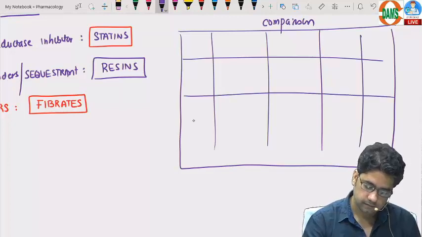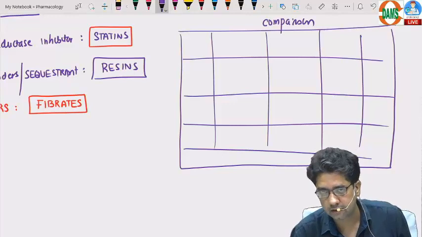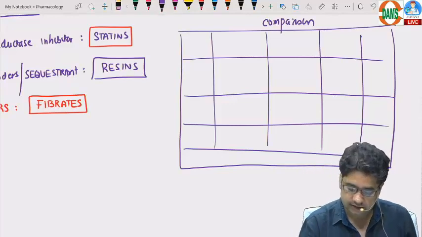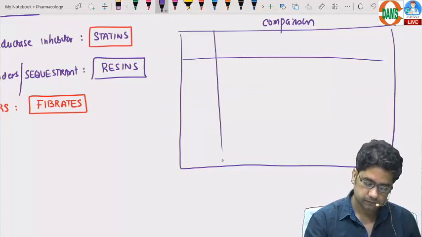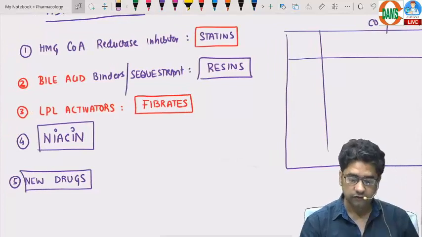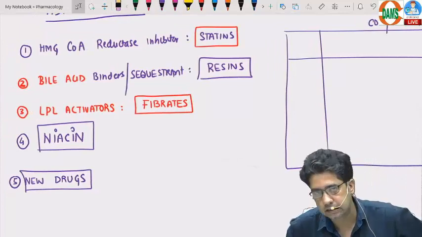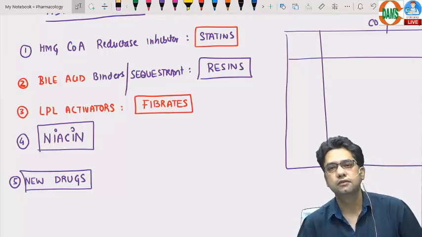We will leave a little space and compare all of these afterward. We'll make a summary afterward. Let's start with the first drug, statins.